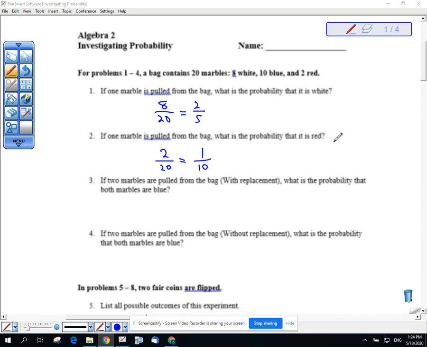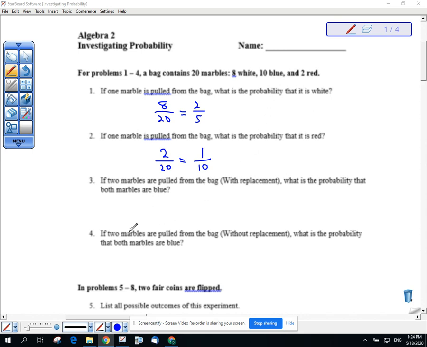Let's get to something a little bit more meaningful. If 2 marbles are pulled from the bag with replacement, meaning that you pull a marble, you see what it is, you throw it back in, you mix them up, and you pull it again, what is the probability that both marbles are blue? This is a compound probability. How many blues were there?